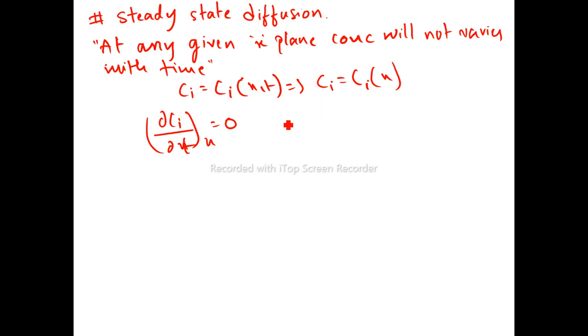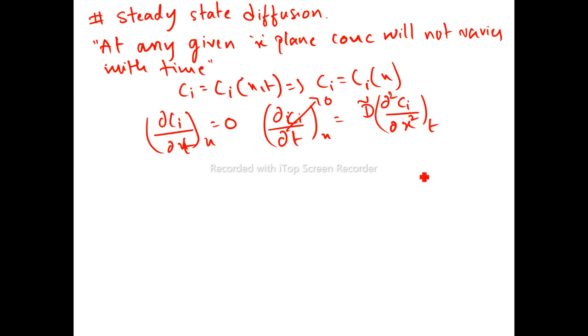Then the continuity equation leads to this tending to 0, and now we can remove this dou and make it a complete ordinary differential equation, because the concentration is only a function of x.